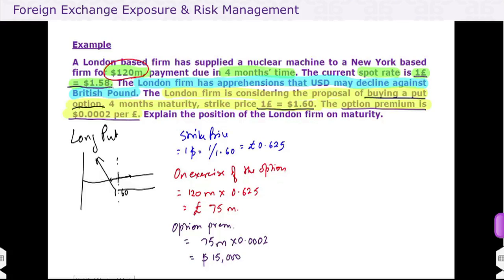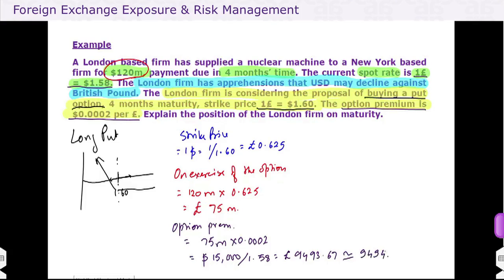So the total premium can now be converted: $15,000 divided by 1.58. It comes to pound sterling 9493.67, which we can say is equivalent to 9494.